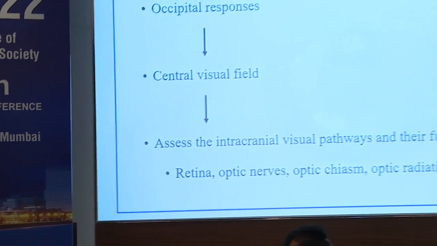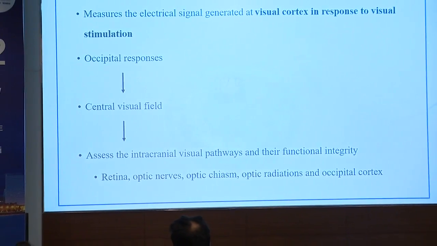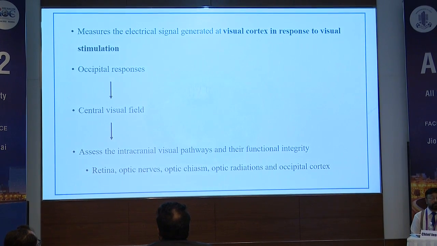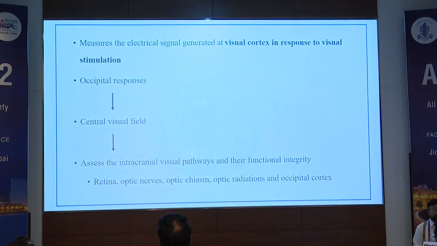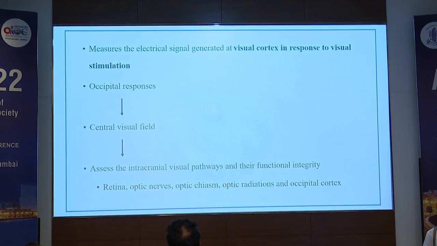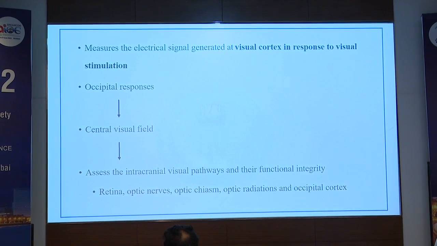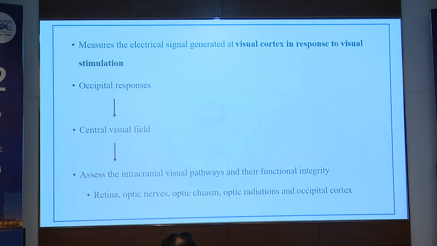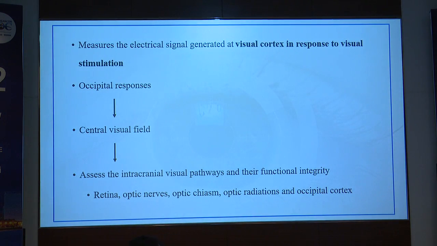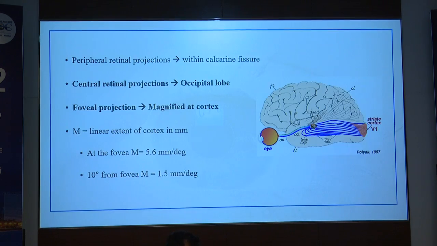Now, VEP measures the electrical signal generated at visual cortex in response to visual stimulation. The occipital responses corresponding to the central visual field are measured, and it assesses the intracranial visual pathways and their functional integrity right from the retina to the optic nerve, optic chiasma, optic radiation, and occipital cortex.